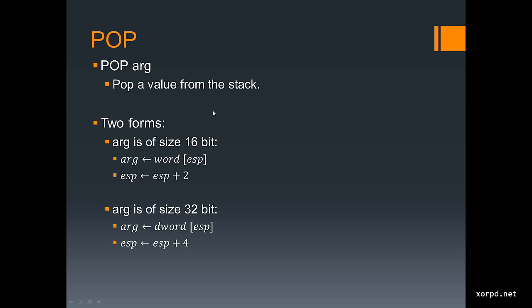Pop has two forms, just like push. It has the 16-bit form, where we first read a word from the location ESP in memory into arg, and then we increase ESP by 2. The other form is the 32-bit form, where we read a dword from the location ESP in memory into arg, followed by increasing ESP by 4.